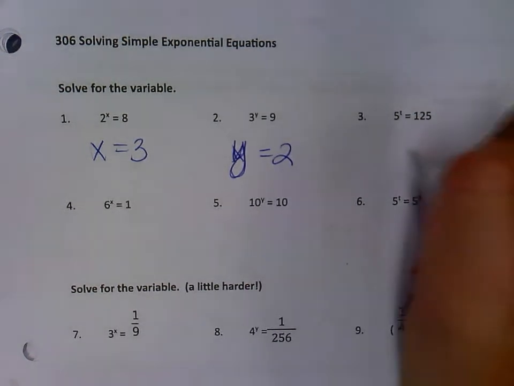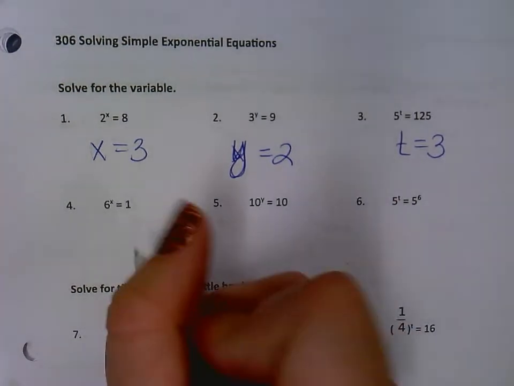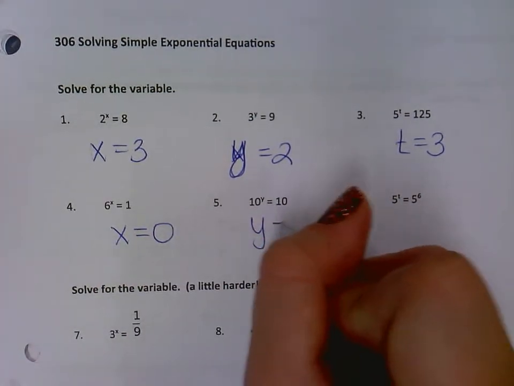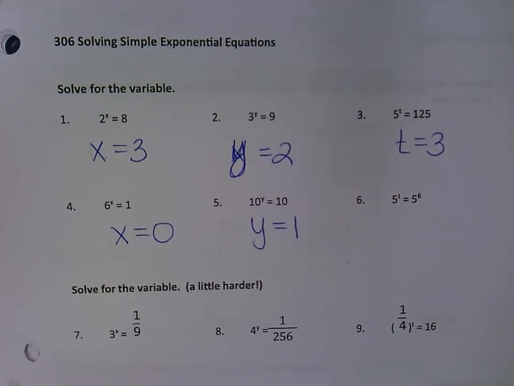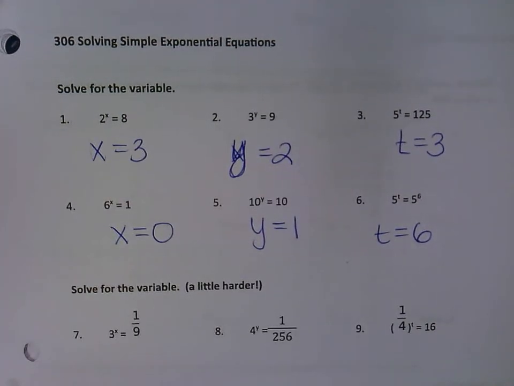So t has to equal 3. 6 to what power is 1? Right? Anything to the 0 power is 1. 10 to the first, so y has to equal 1. And number 6, if you've got 5 to the 6th, you must have 5 to the 6th, right? So all of those I could do without a calculator, just knowing the power families.